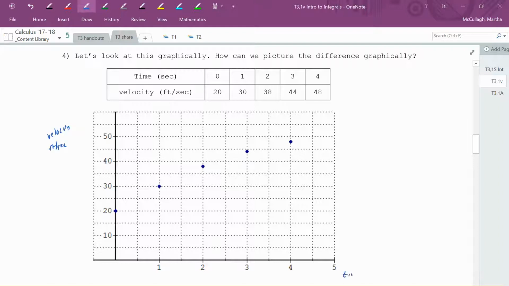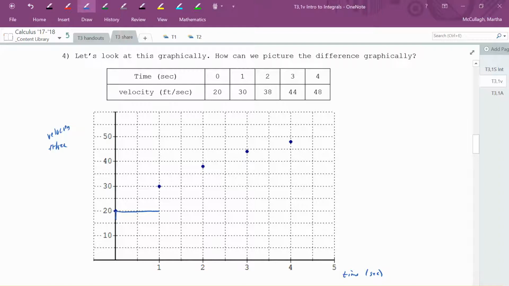This is our time in seconds. So if I want to look at what I just did above, but graphically, I want to assume, if I'm being conservative and I want the underestimate, that for that first interval of a second, the car traveled at that 20 feet per second.